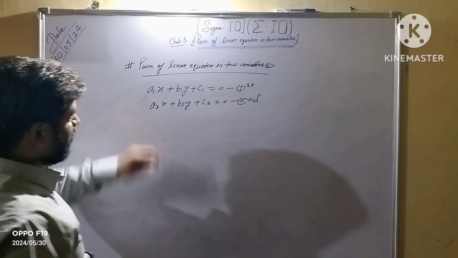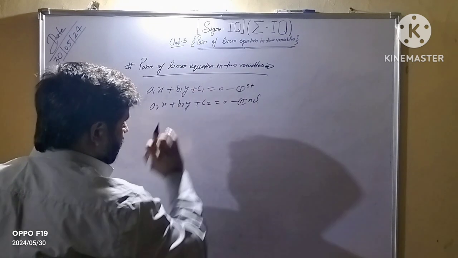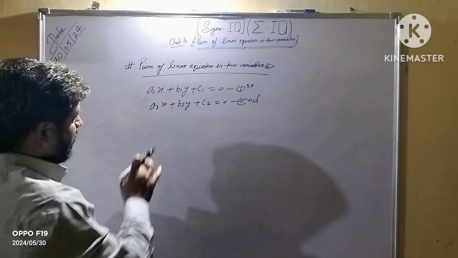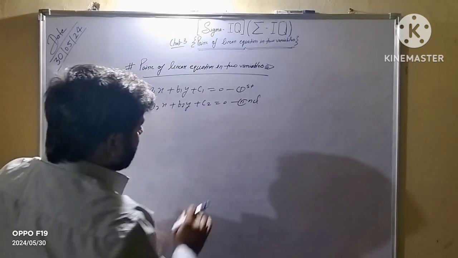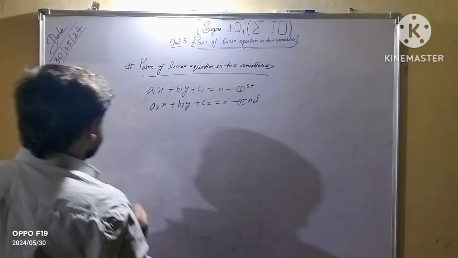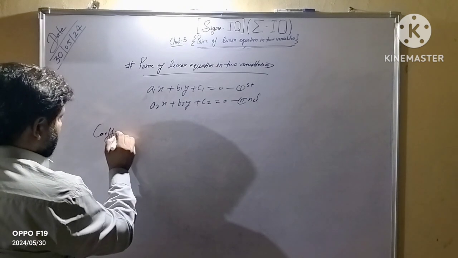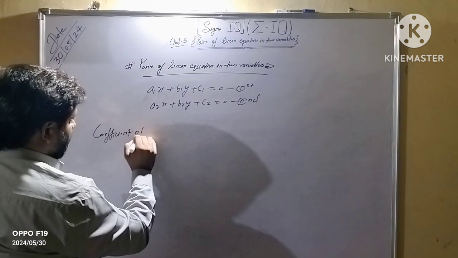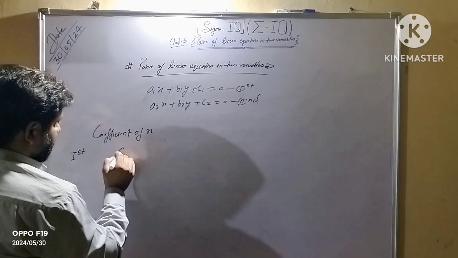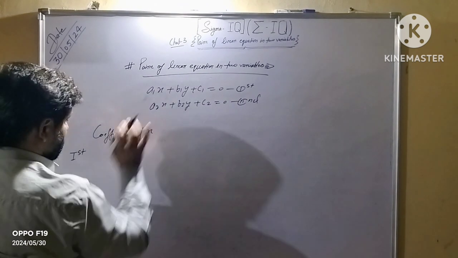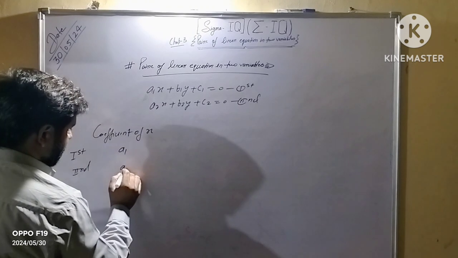a1 is a coefficient of x, b1 is a coefficient of y, c1 is a constant term in equation number first. Similarly, a2 is a coefficient of x, b2 is a coefficient of y, c2 is a constant term in equation number second. Coefficient of x in first equation a1, second equation a2.